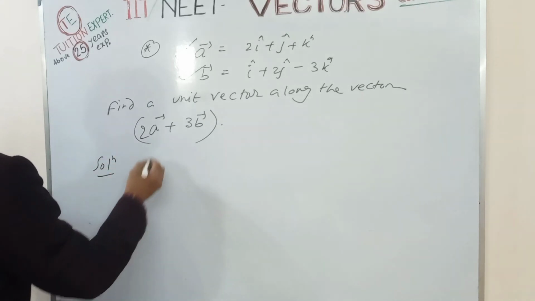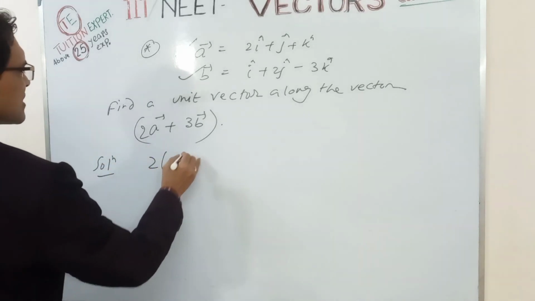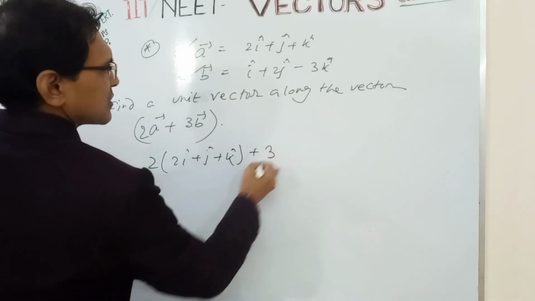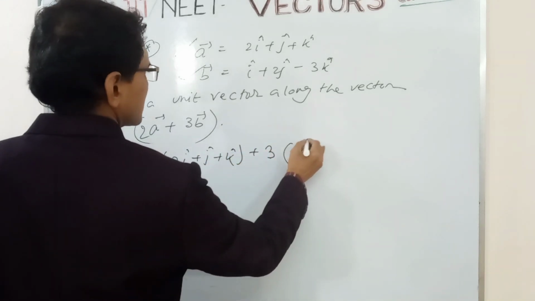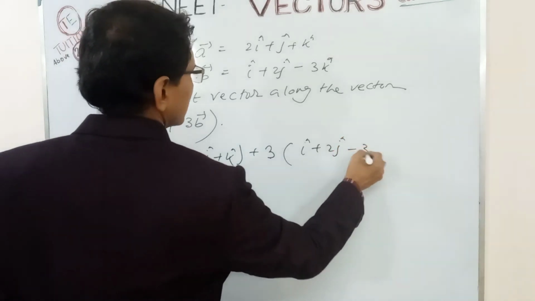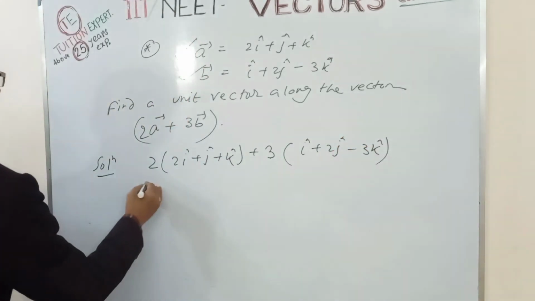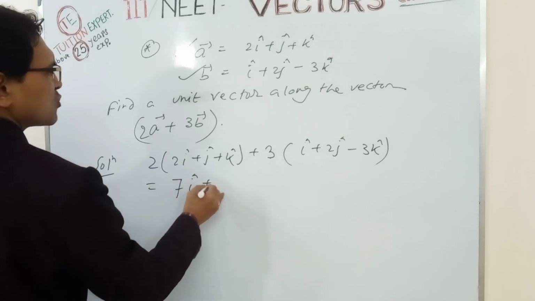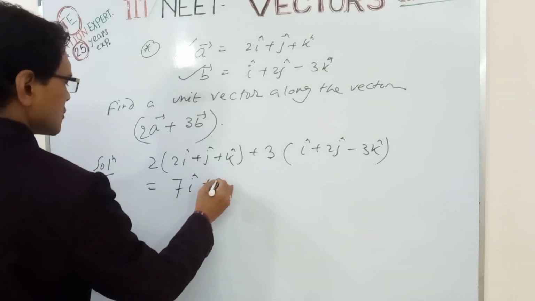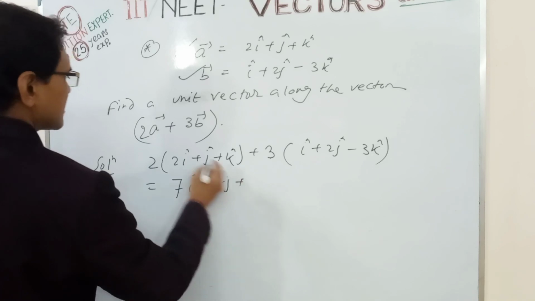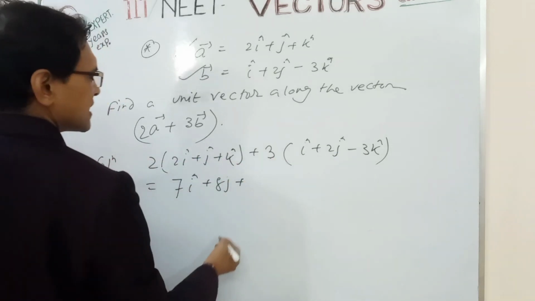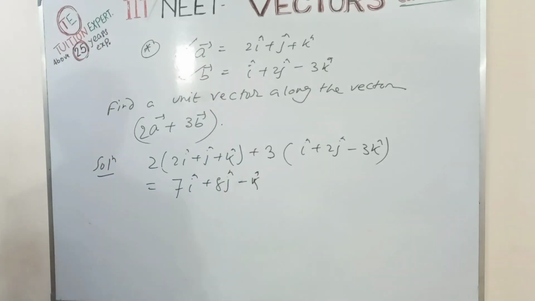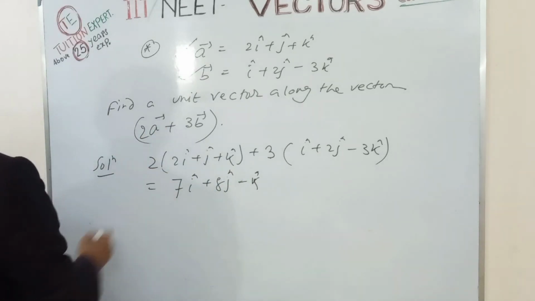The solution: 2a means 2 of these, so 4i plus 3i is 7i, 2j plus 6j is 8j, 2k plus minus 9k is minus k. So this is 2a plus 3b.